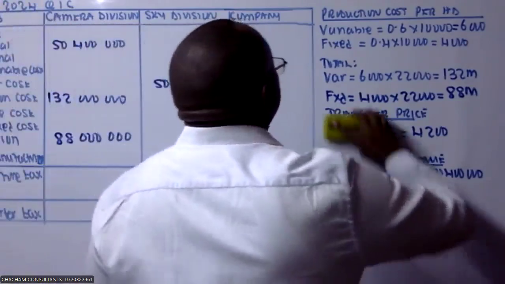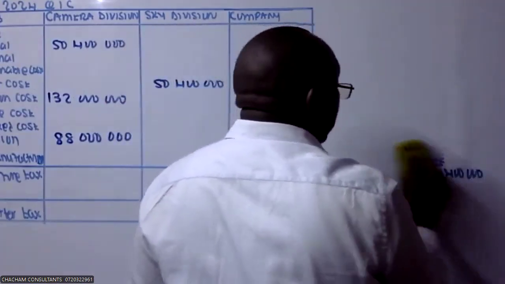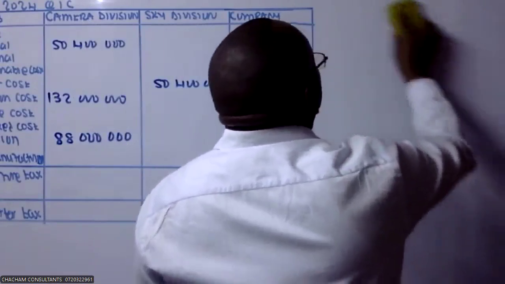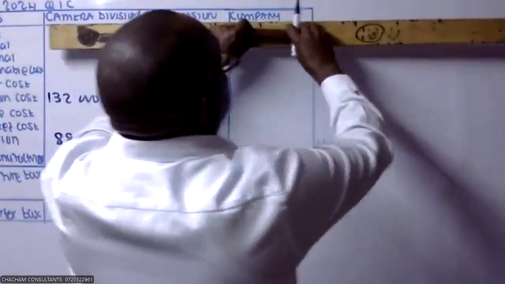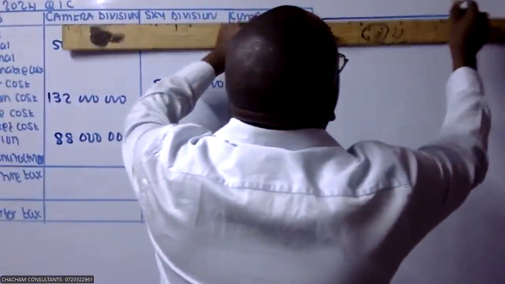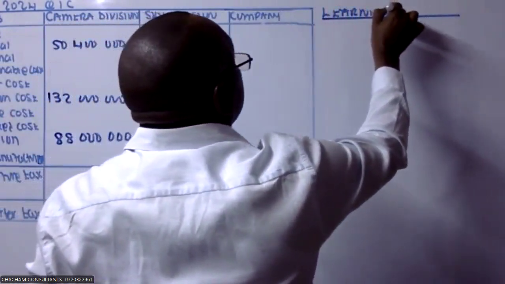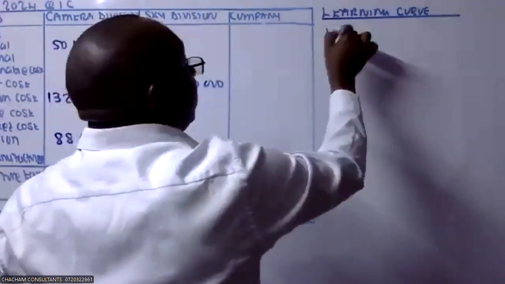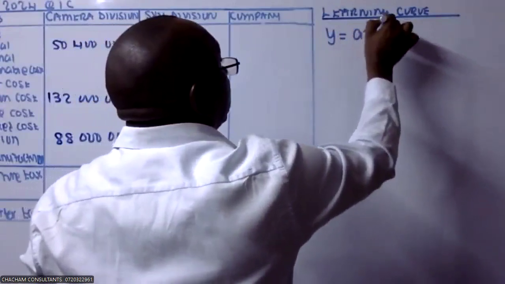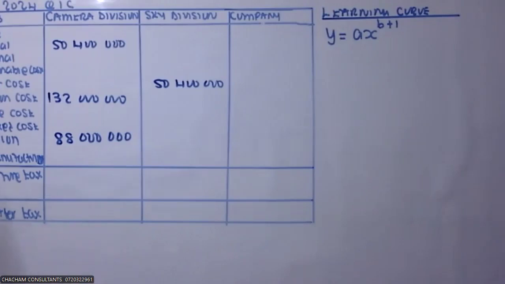So we will have a working that I want to call learning curve. The first thing is always to write the formula: y equals ax raised to power b plus 1.